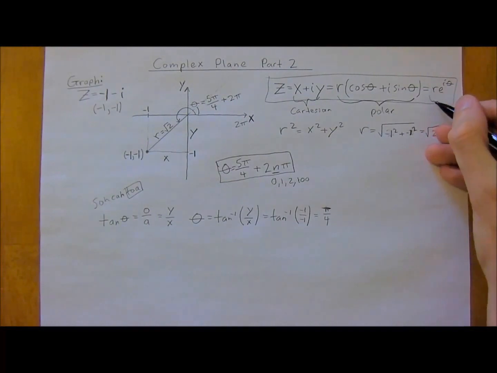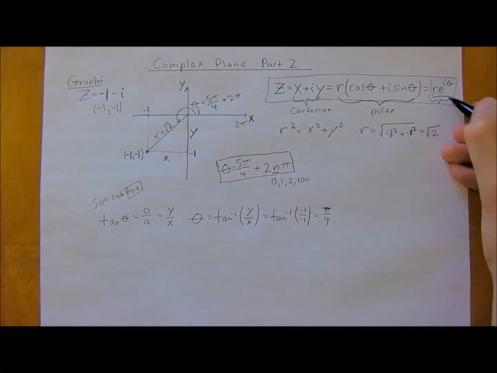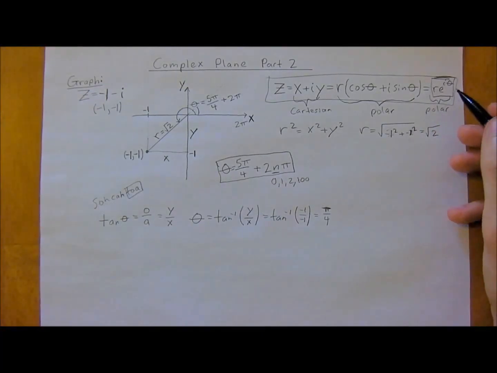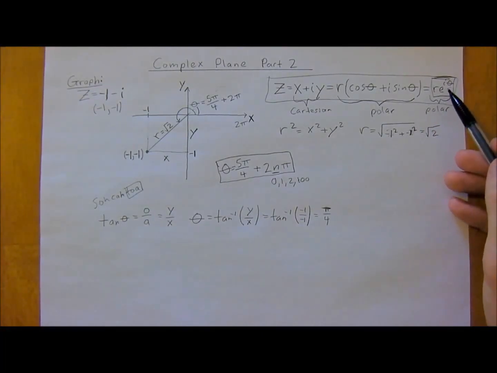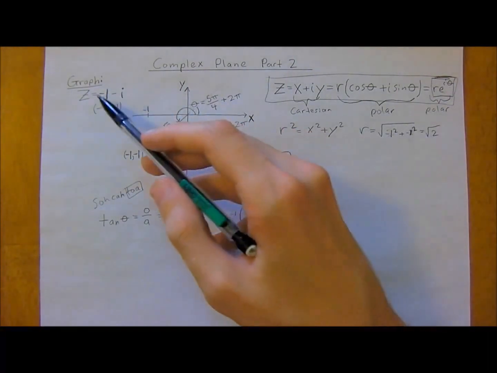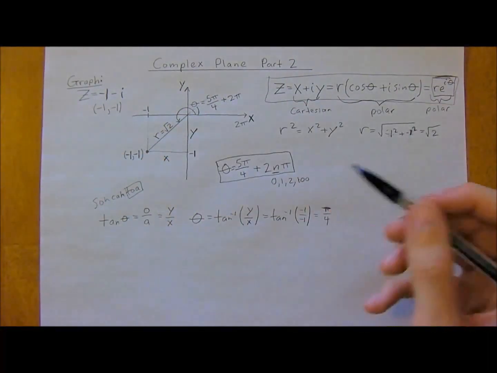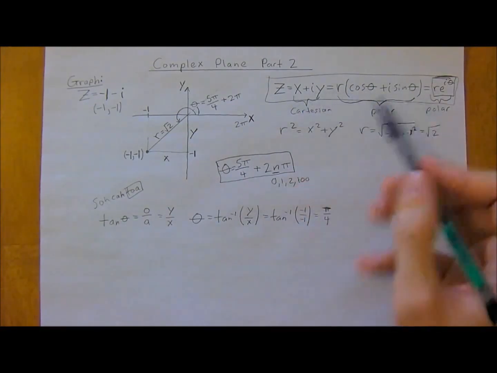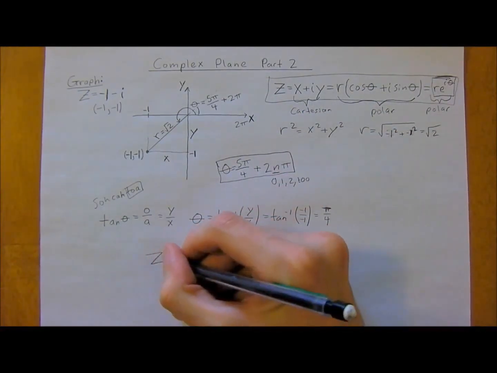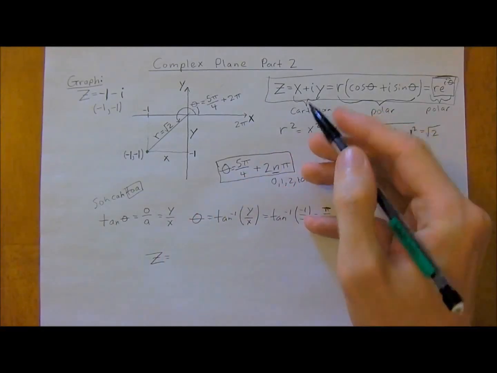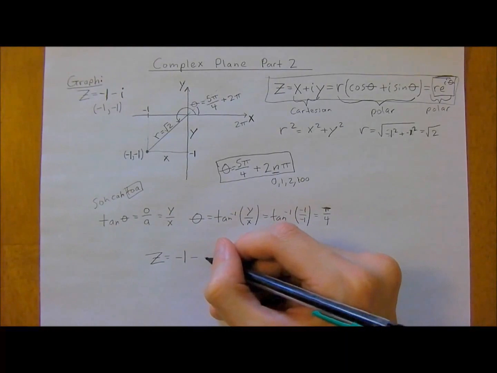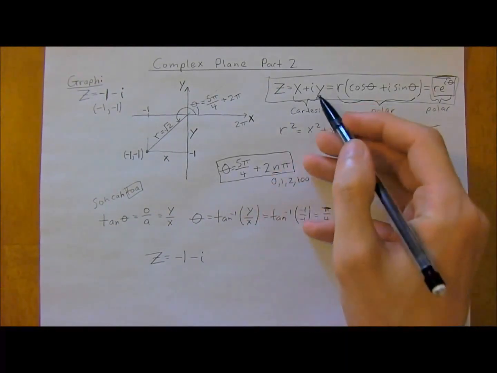And even better, so this is really what you're going to want to start working in a lot. So for polar, we like to represent it this way. And so how would we represent -1 - i in this form? Well, let's just go through all of them. So in this case, z would be x is -1 and minus i.